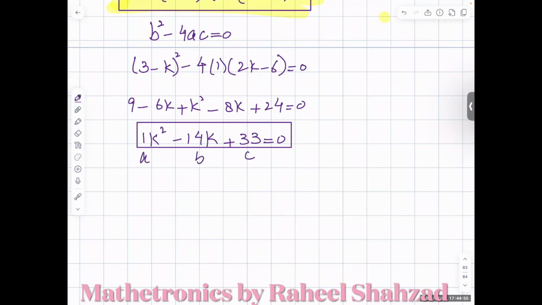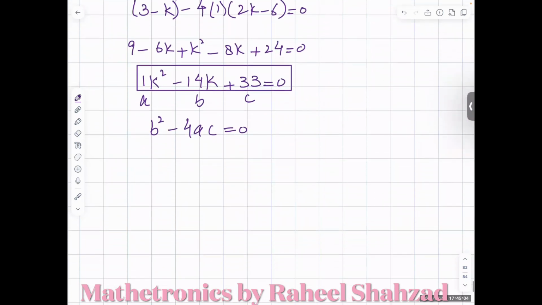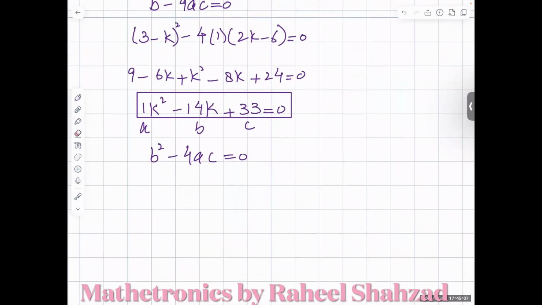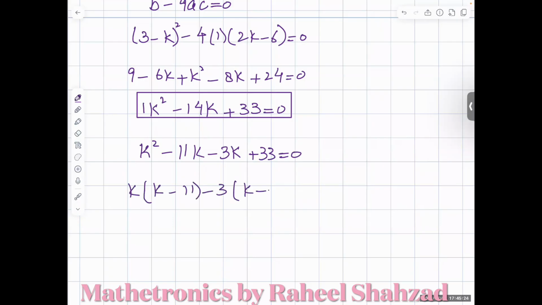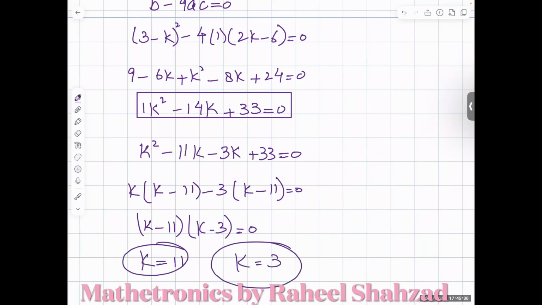That is your a, b and c. Oh wait, no. We just need to find the value of k now. So we're going to use k square minus 11k minus 3k plus 33 is equal to 0. So k into (k minus 11) minus 3 into (k minus 11) is equal to 0. That would be (k minus 11) into (k minus 3) is equal to 0. That gives us k equals 11 and k equals 3.